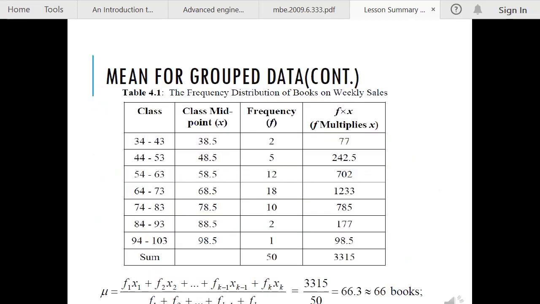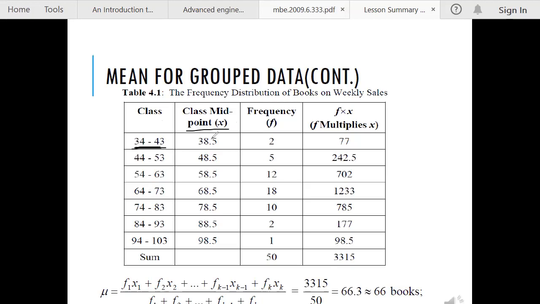Sorry, yes. So this is the example we looked at in class. We're given the classes and the frequencies. We said to do the calculation first with the midpoints. The midpoint is just adding the two limits and dividing by 2.